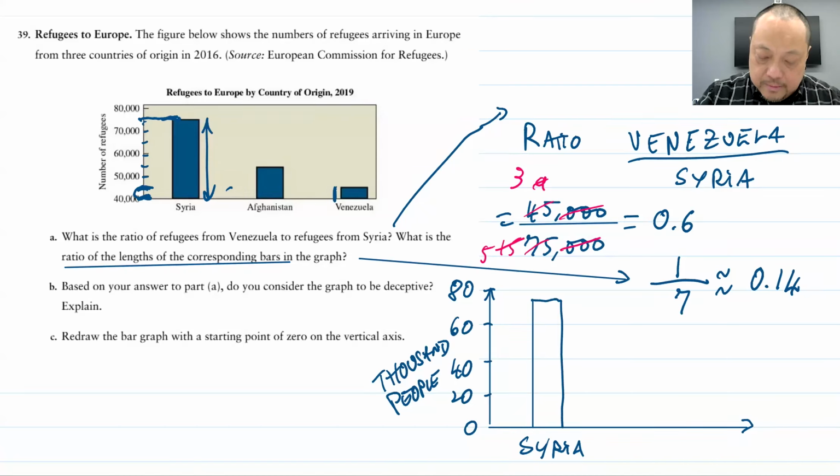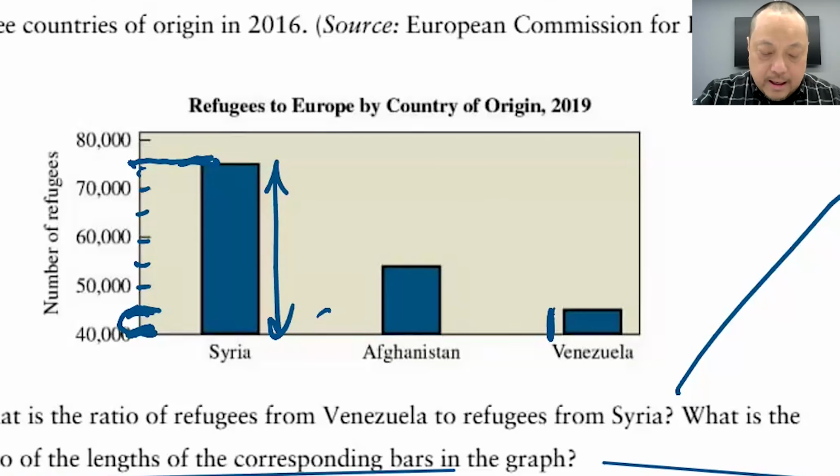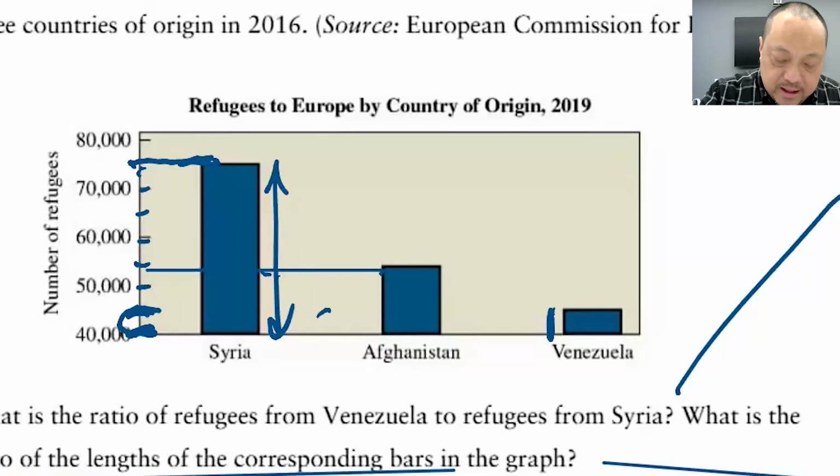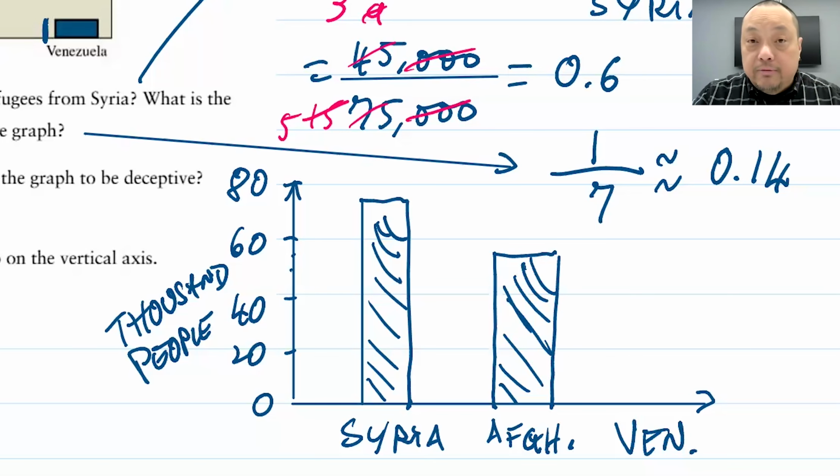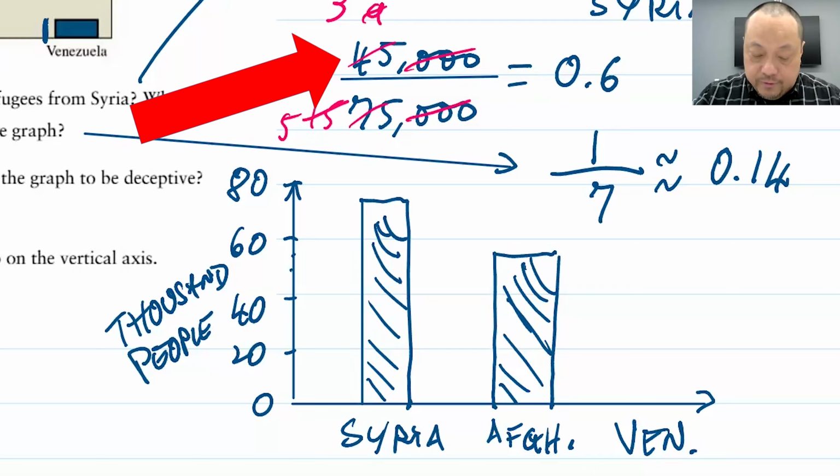That's Syria. Afghanistan is about 55 maybe. 50 is here, so 55 is almost there. And Venezuela is 45, so about here.